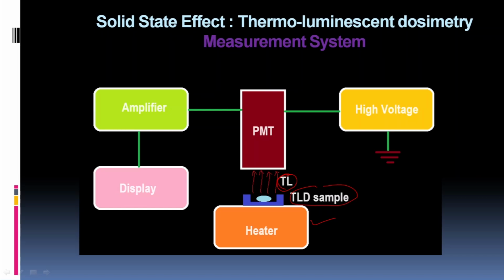This minute amount of photons is received by a photomultiplier tube, and after multiplication this gives an electronic signal, which is amplified by an amplifier and displayed in a display system, and this PMT tube is connected to a high voltage supply. So this is the reading process of thermoluminescence dosimetry.